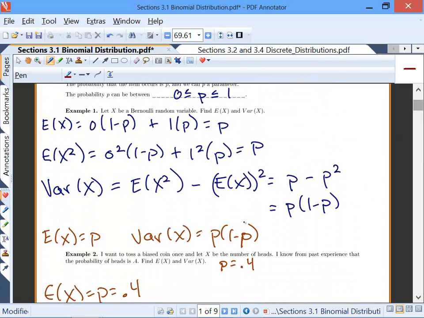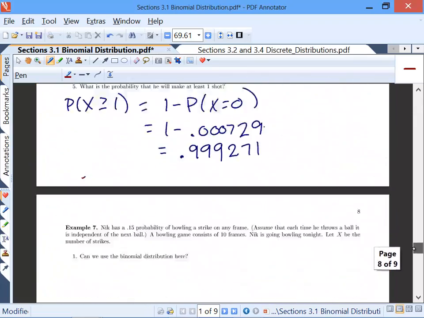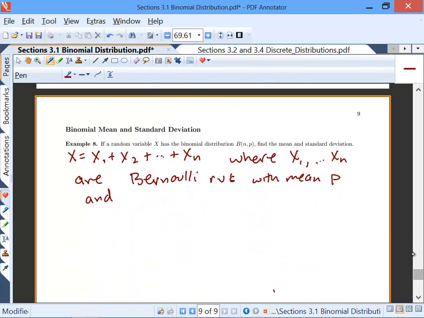So the variance was p times 1 minus p. So again, the binomial distribution is really just doing the Bernoulli experiment over and over and over again and just adding your results. Because remember, Bernoulli just has a 1 for success, 0 for failure.